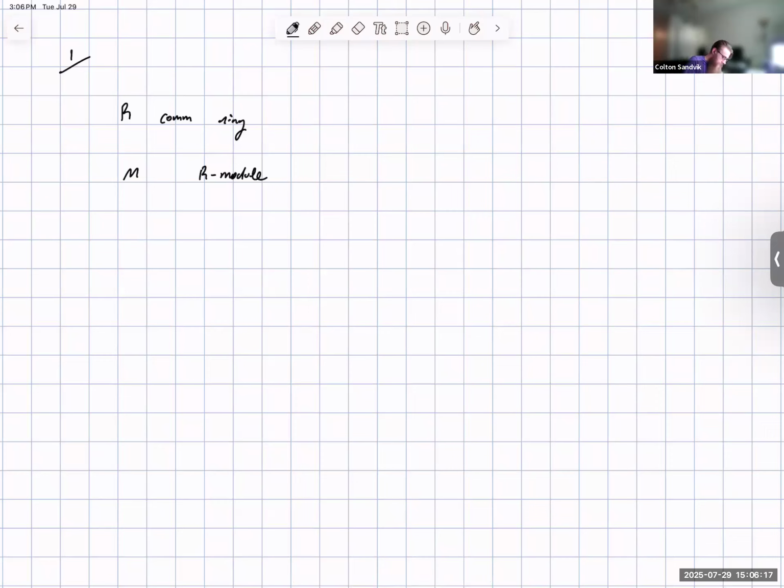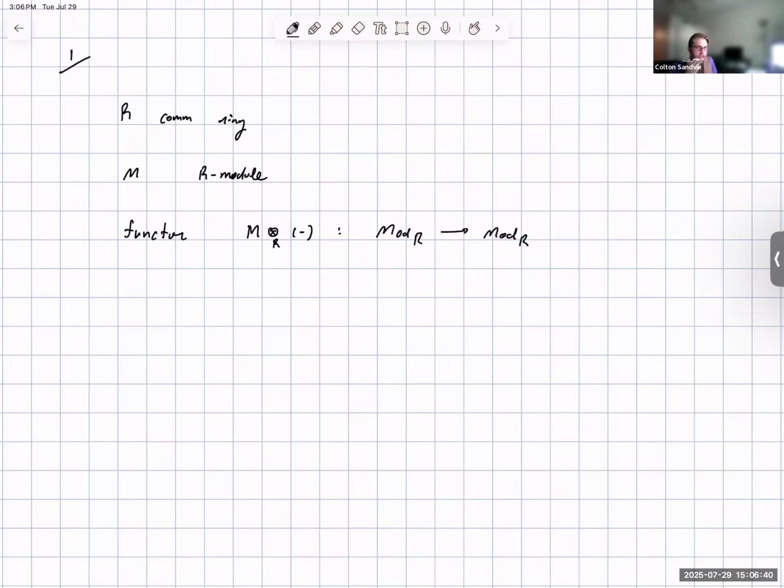Then what you usually do in the intro to algebra class is look at the functors of the form M tensor_R blank. And so this takes you from R modules to R modules.